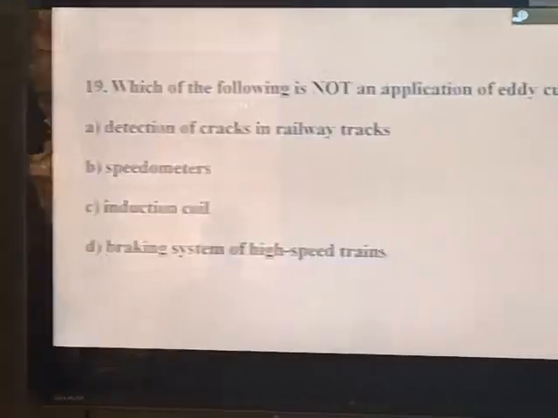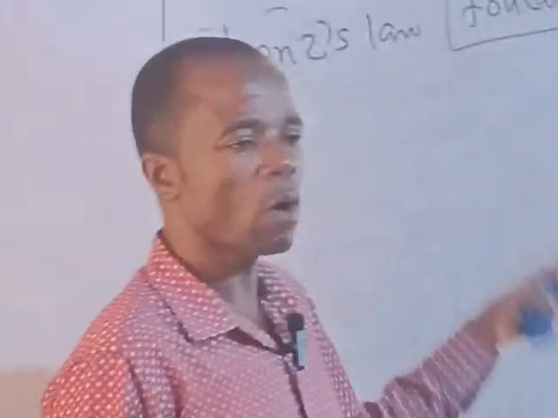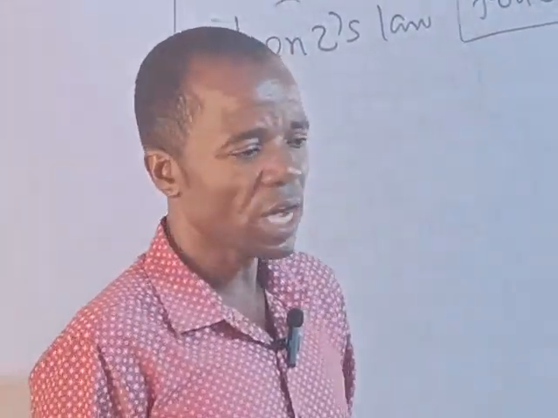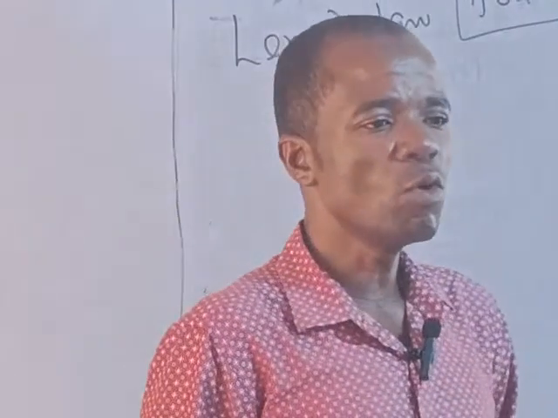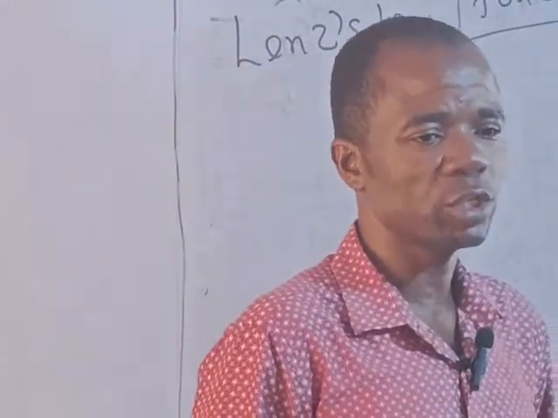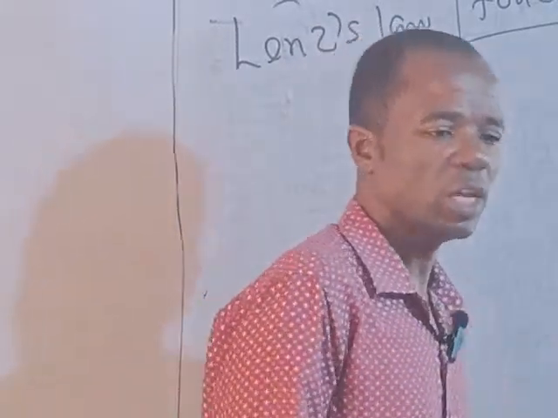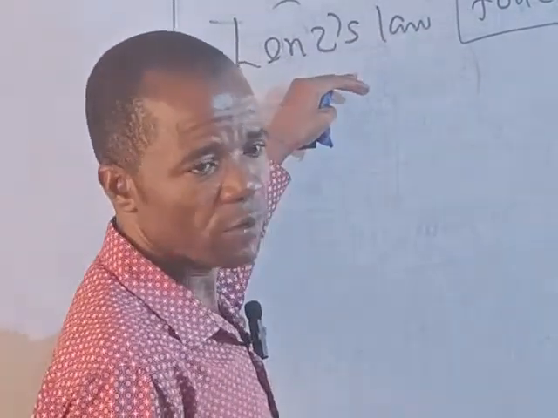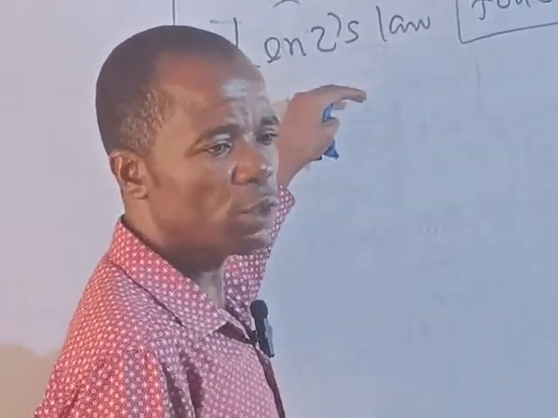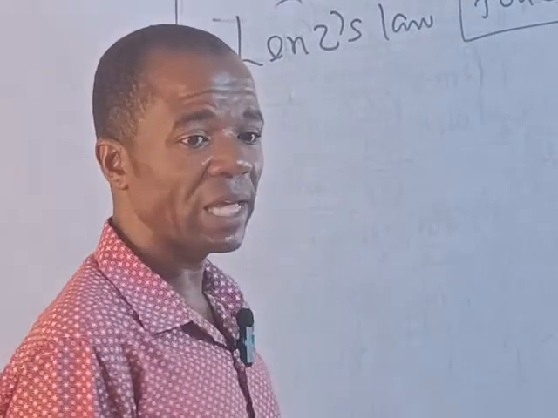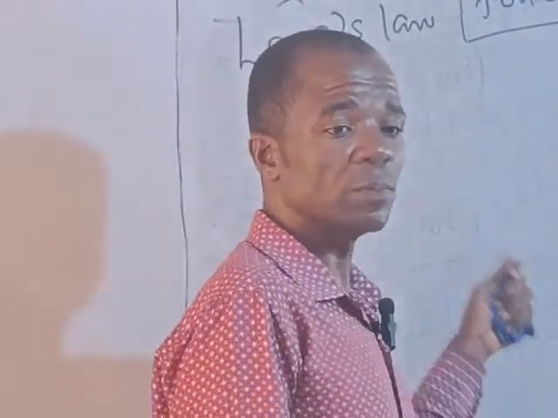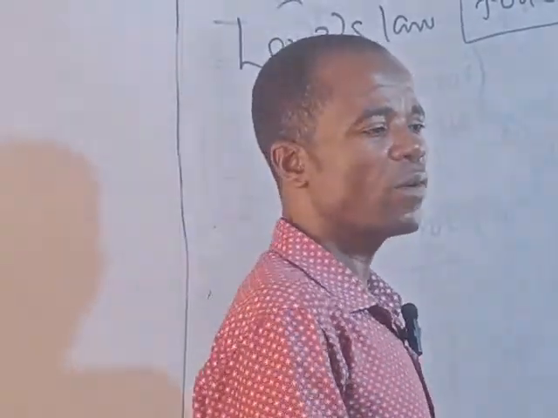We're going to go back to the question in a bit. I just want you to know what eddy current or Foucault's current are. These are the currents that always move in the opposite direction to the change or to the motion producing them. And the direction of eddy current or induced EMF is always given by Lenz's law, which works on the principle of conservation of energy.